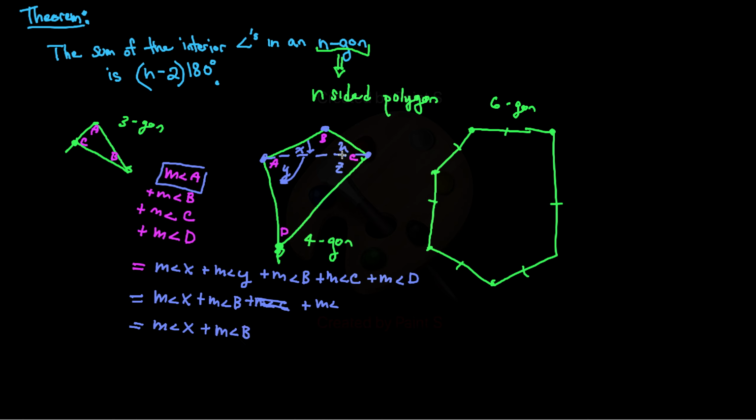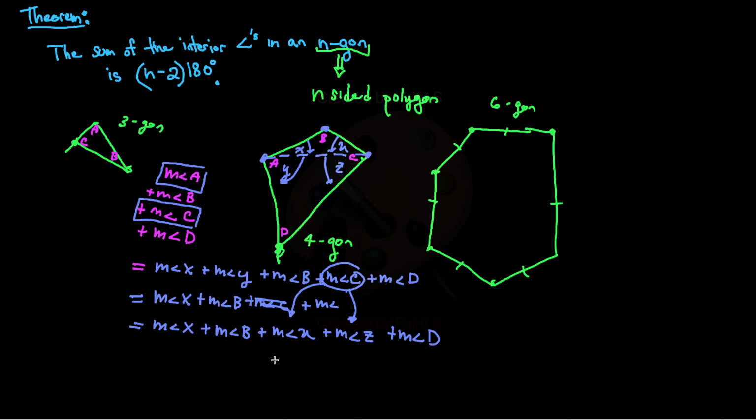And then instead of writing measure of angle C, I'll write plus the measure of angle U plus the measure of angle Z. I replaced C with U plus Z. And now I just write plus measure of angle D. We should see that these two sums are for sure equal. Measure of A is just measure of X plus measure of Y, and measure of C is just measure of U plus measure of Z.